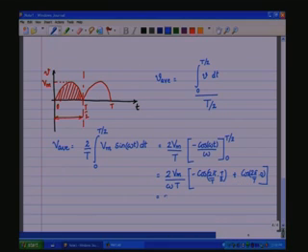So, this is going to be 2 Vm by omega T into cos of. So, if you see here, the T by 2 goes off, this will be equal to minus 1 minus here. So, we have a plus and a plus 1.